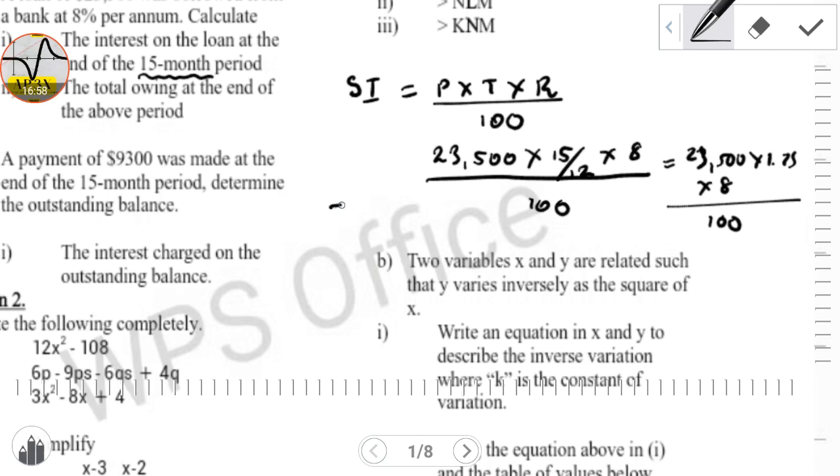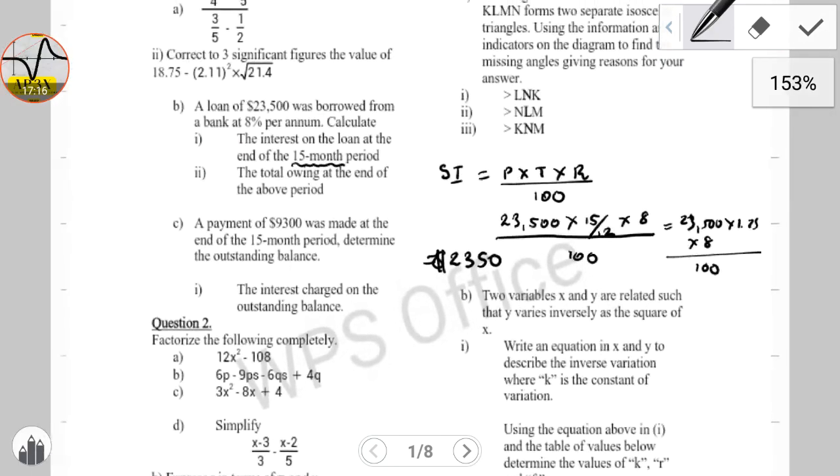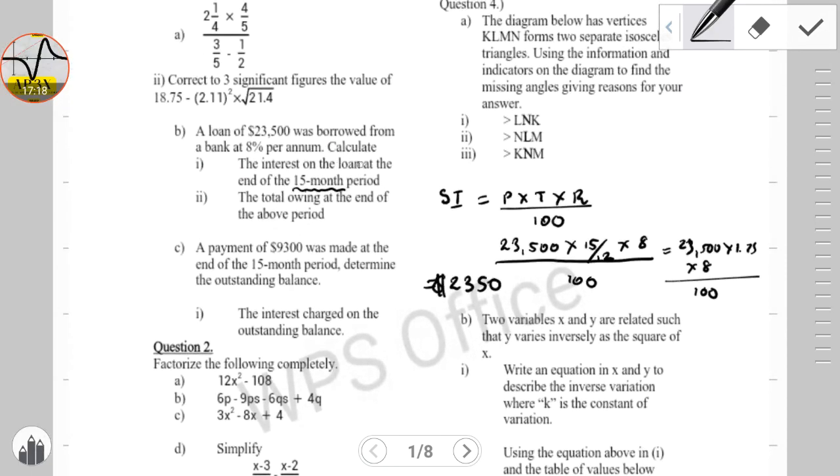Nevertheless, quite a few students here did in fact get $2,350 as the interest, and that logically makes sense because that's about the correct amount of interest you would be expected to be charged on such a small amount that you borrow. All right, so that answers part 1, the interest on the loan at the end of the 15-month period.